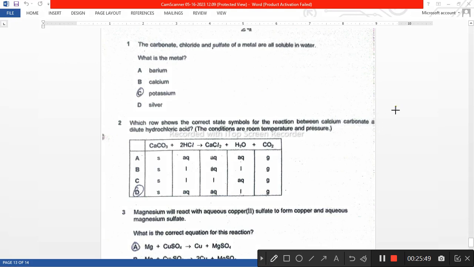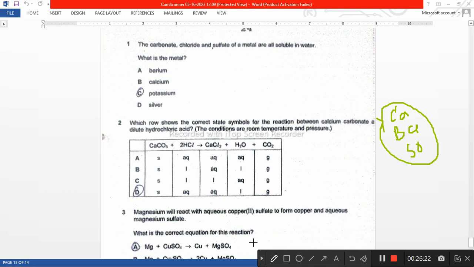In group 2 only we have Ca, Ba, Sr, Ra, only these elements' compounds are soluble. So at room temperature, calcium carbonate will be solid, HCl will be aqueous, CaCl2 is a soluble salt, so it will be aqueous. H2O is liquid and CO2 is a gas at room temperature. So D is the answer.